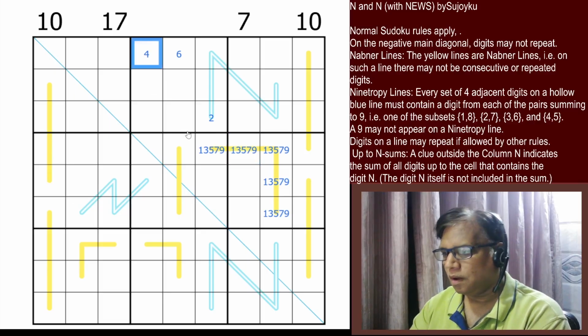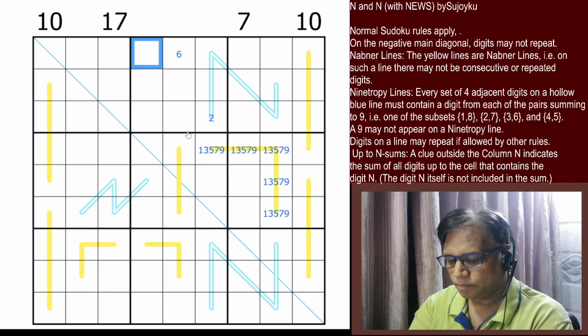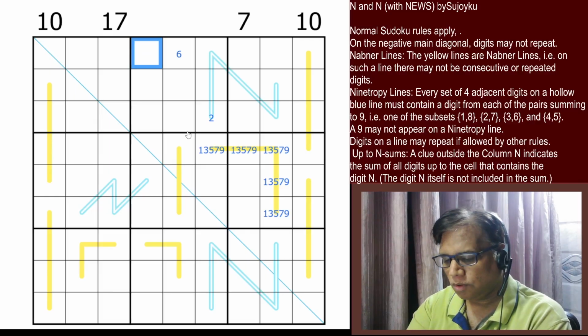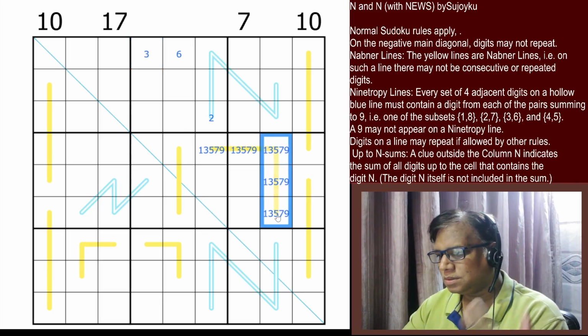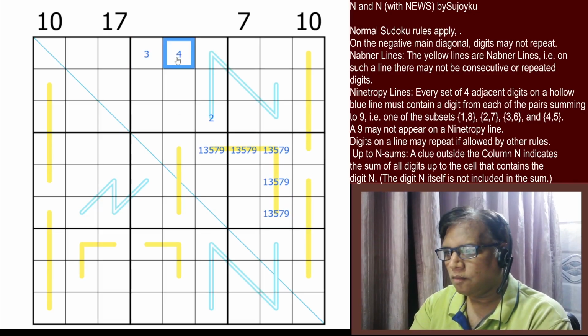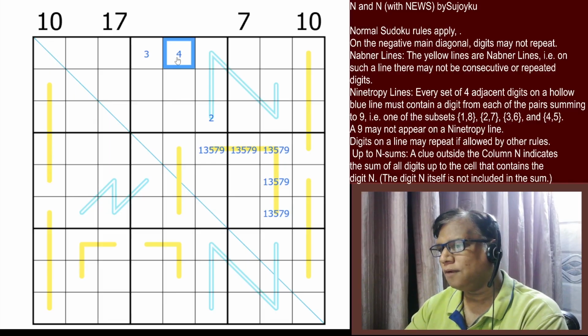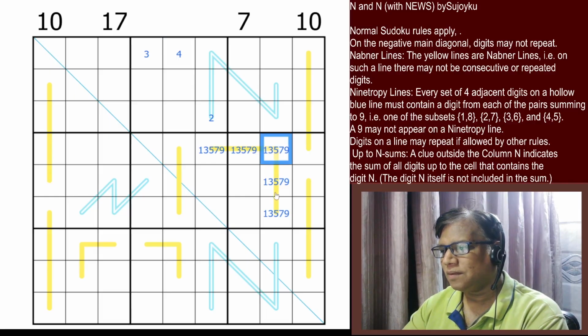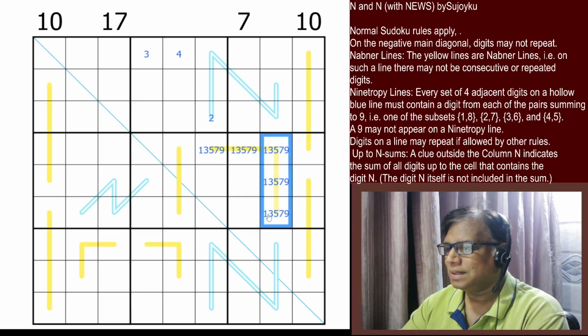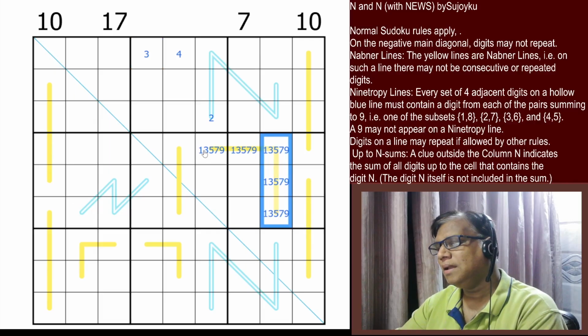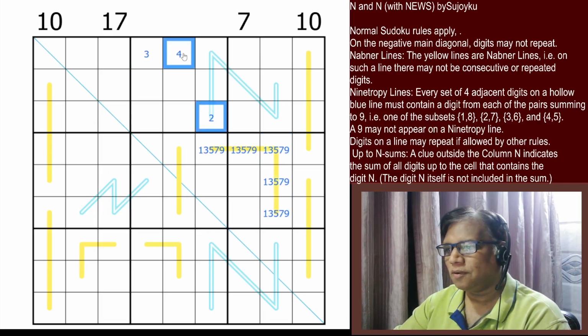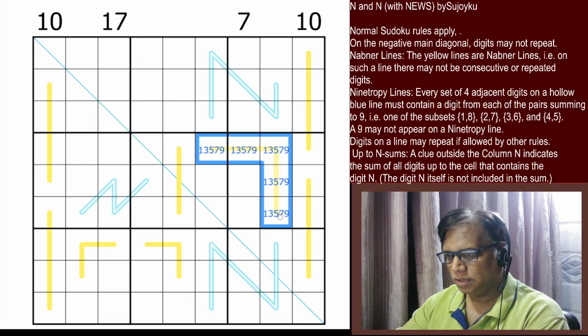Now you have 3 cells left, and you have 4 digits to be put. Because of 2 and 4, you are left with 1, 2, 3, 4, 5, and now you only have 6, 7, 8, 9. Now 6, 7, 8, 9 you have to put in 3 cells, and you can see that it's impossible. That's not going to happen. You can try this with 4, you can try this with 6, whatever it is, but it will not be possible. So all these are going to be odd digits. Any Nabner line with 5 digits on it has all the odd digits.